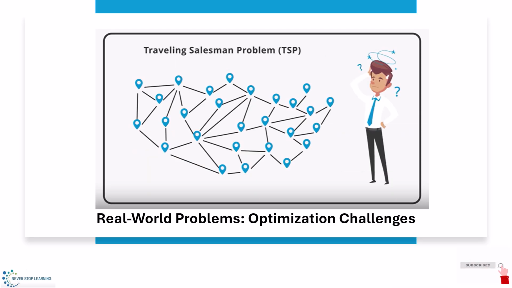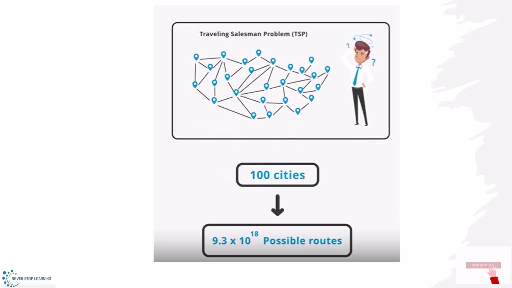Quantum computing isn't just useful for simulating molecules, it's also incredibly powerful for solving optimization problems. Take the traveling salesman problem, or TSP, as an example. This problem involves finding the shortest route for a salesman to visit a number of cities and return to the starting point. As the number of cities increases, the number of possible routes grows exponentially.